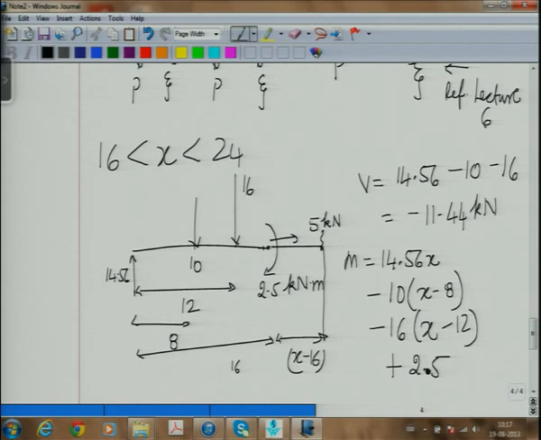And remember, when I wrote the rules, I said two things. A moment induces an effect on all sections to its right. A clockwise moment induces on all sections a positive bending moment. And I also said it does not explicitly do anything to the shear force. So this 2.5 kilonewton meters did not affect the way we wrote the shear force equations.